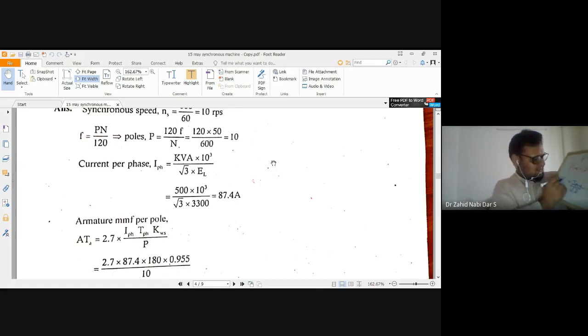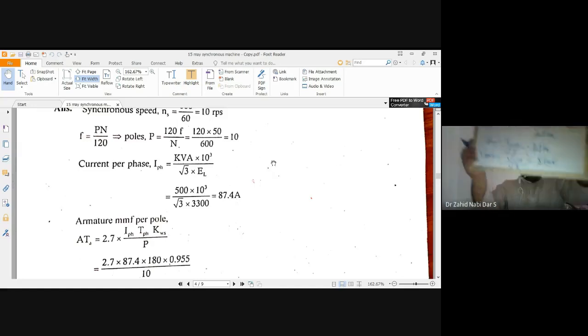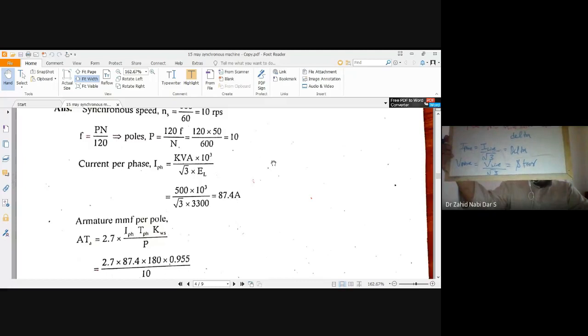This is I phase, equal to I line by root 3, and V phase is equal to V line by root 3 for star. Now in delta, the earlier power P is 3 V phase I phase cos phi.